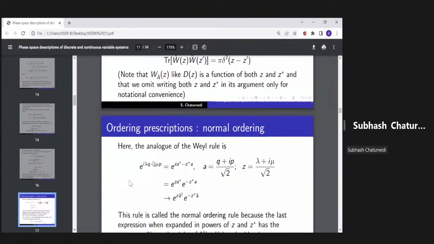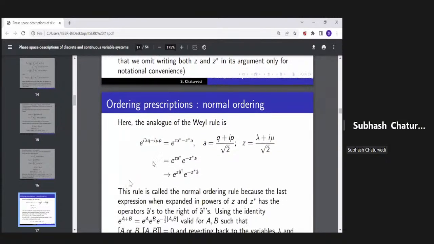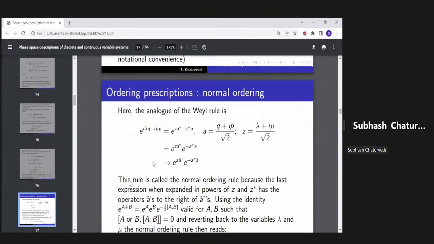Now we come to the second prescription, which is called the normal ordering prescription. We start with this exponential function, rewrite it in terms of these variables here as defined. Now, at this stage, these are still classical variables.